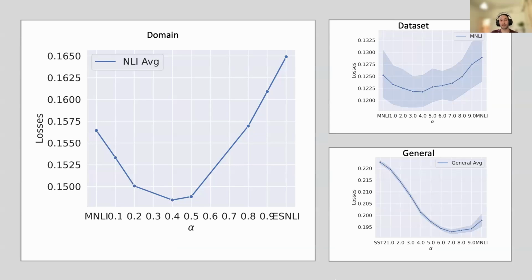So let's look, for example, at the domain region, the left graph. Everything is averaged over 5 runs. We find the average score of fine-tuning on one data set and evaluating on another, and we can see that also MNLI is a bit better. Okay. The interesting thing here is that all of the region between those two models, all of it is better on different NLI datasets than the sides.